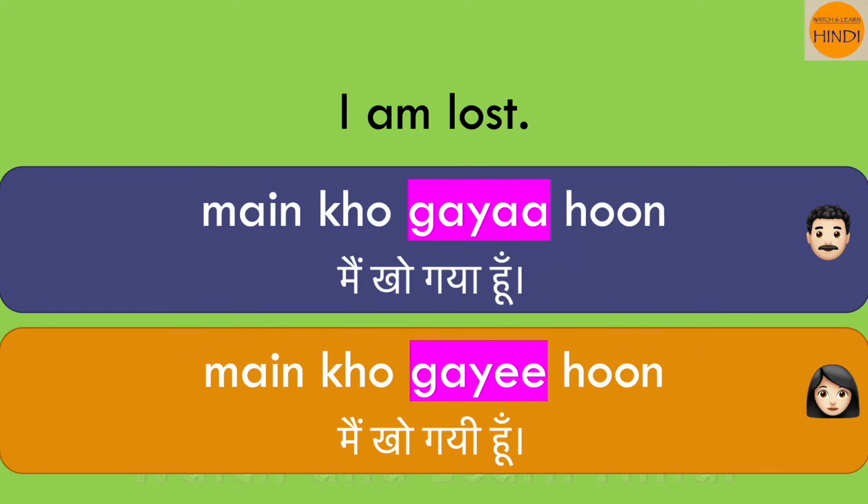As you can see, it is just the highlighted words gaya and gai that are different, and the rest of the words in both sentences are the same irrespective of the gender. So for the masculine version, मैं खो गया हूँ, and for the feminine version, मैं खो गई हूँ. I am lost.